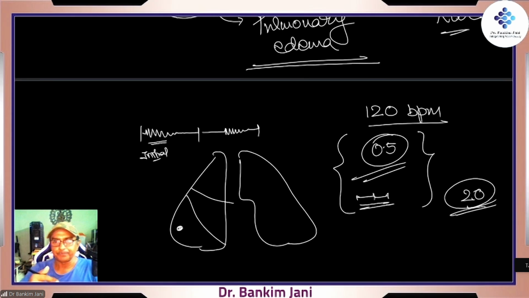Then you'll go for a chest X-ray and confirm that yes, there is consolidation in this area, and you know very well that the diaphragm would be obscured. That is how you'll correlate your clinical findings with the investigative findings, instead of going straight to an X-ray and seeing, achha, it is this.